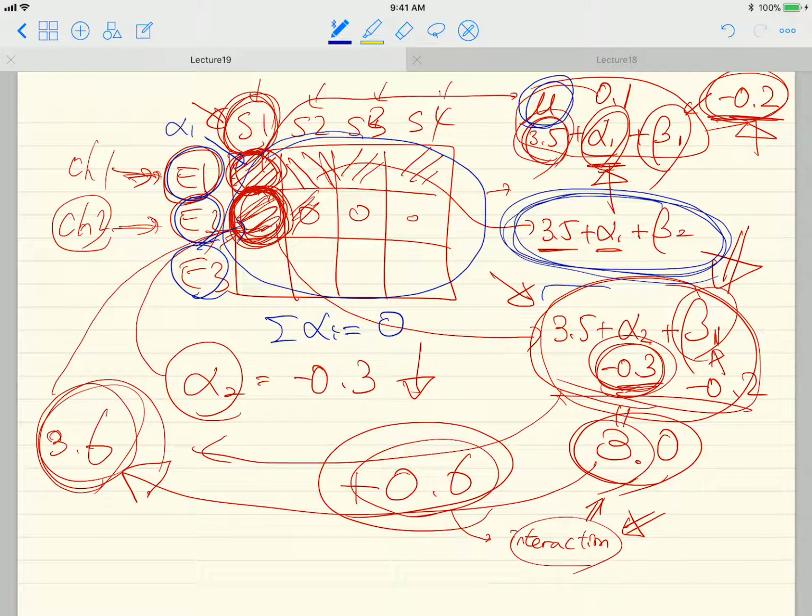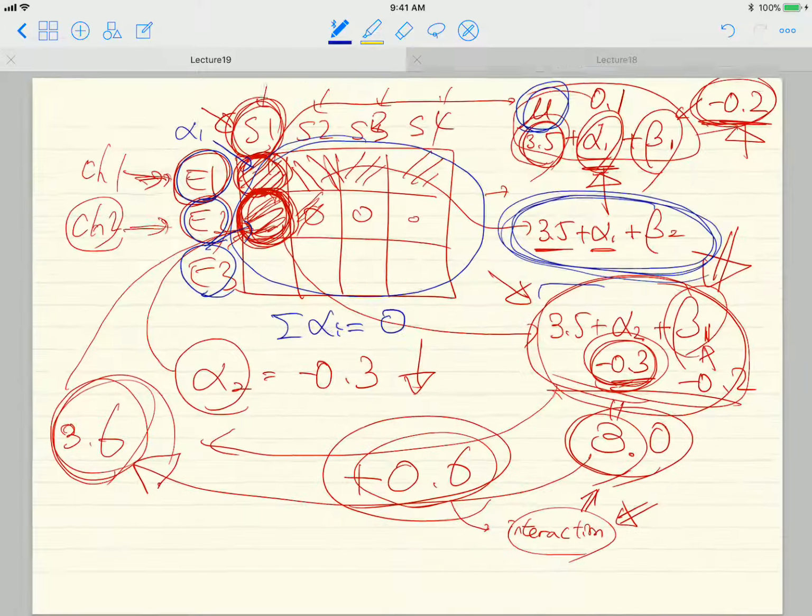Although I will not prove it, because the proof is a really straightforward extension from what we learned in this simple example. It's just an extension into a two-dimensional matrix case.